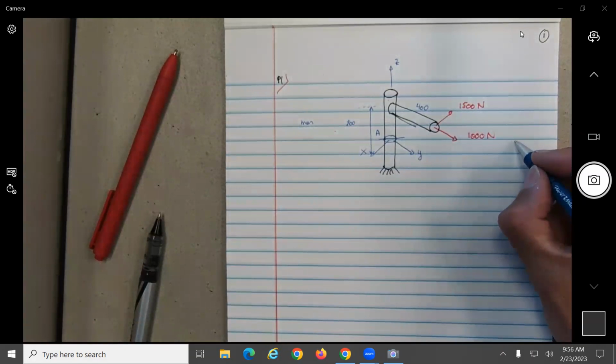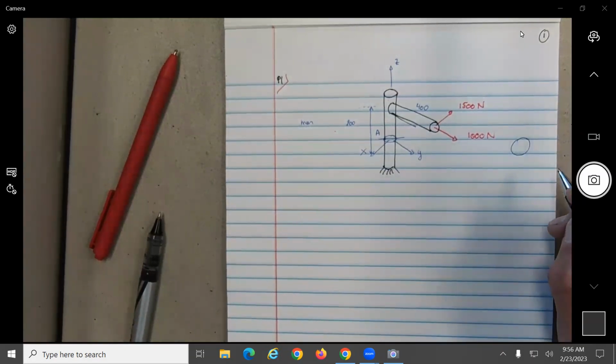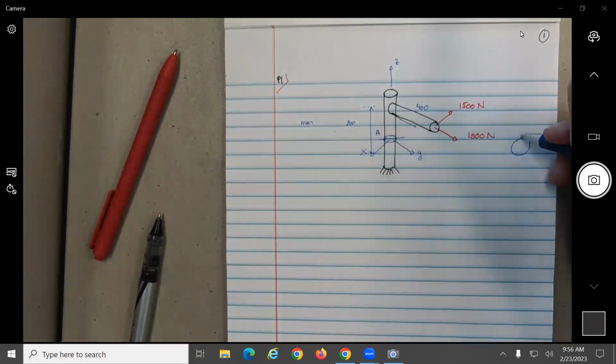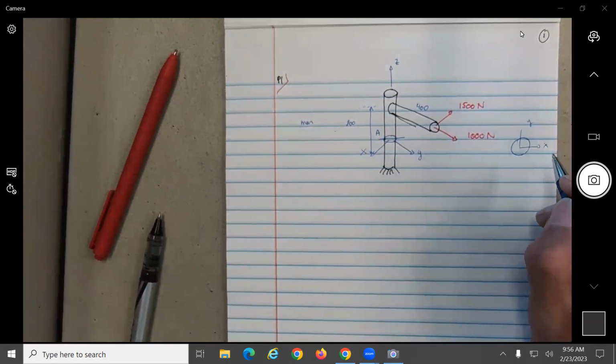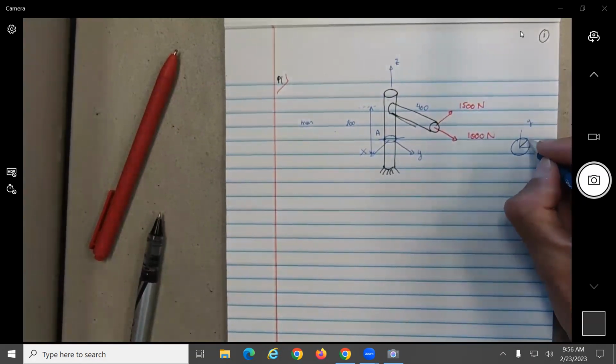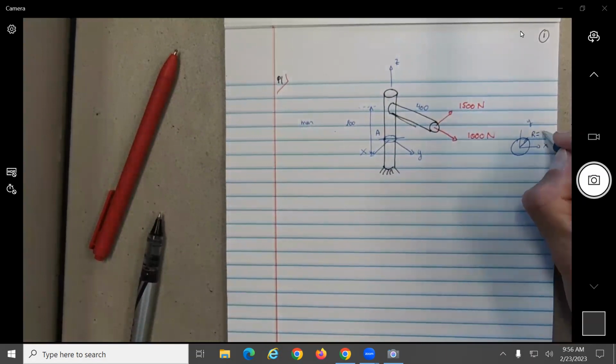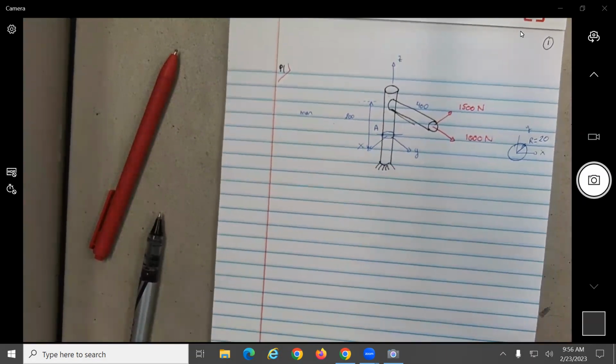And the cross section, the cross section would be with axes, let's say, X and Y. They give us the radius equal to 20.